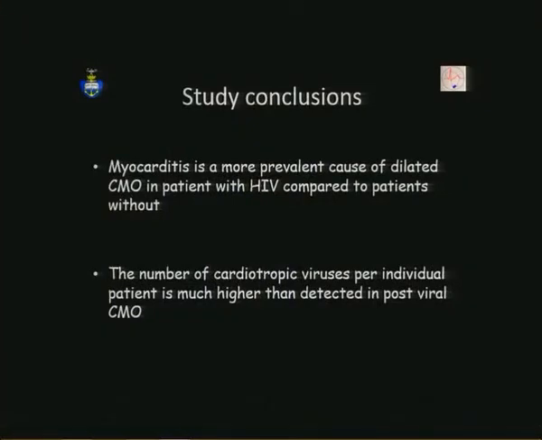Again, importantly, the number of cardiotropic viruses per individual patient was much higher in those with HIV. And what we believe is that at the time of immune suppression with advanced HIV, many patients have an underlying viremia, which is detected in multiple specimens in the heart, and that perhaps this contributes to progressive heart muscle dysfunction.